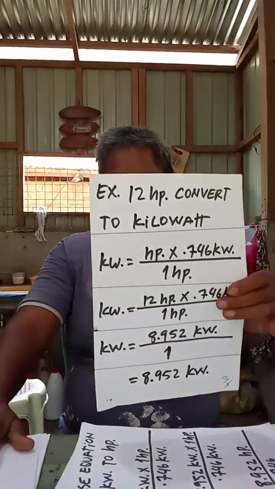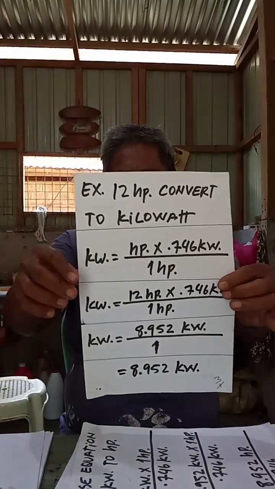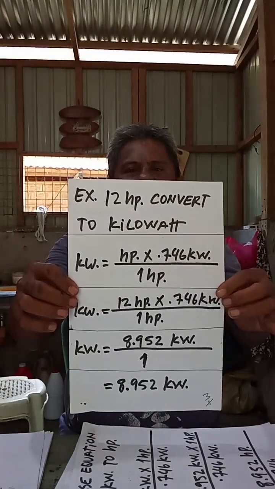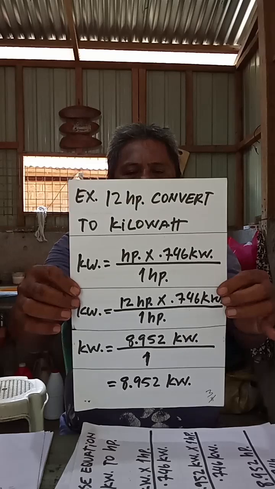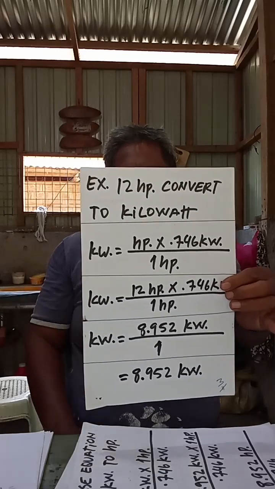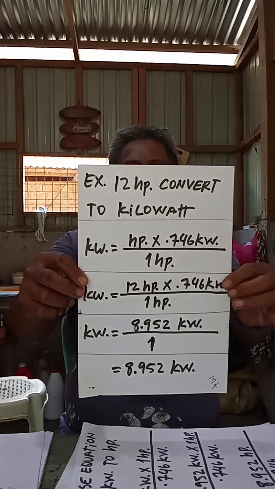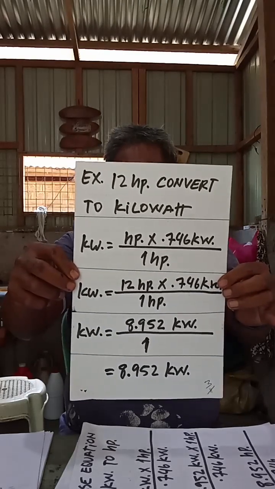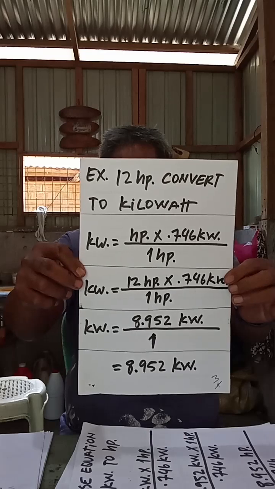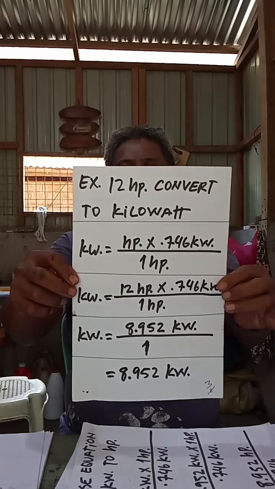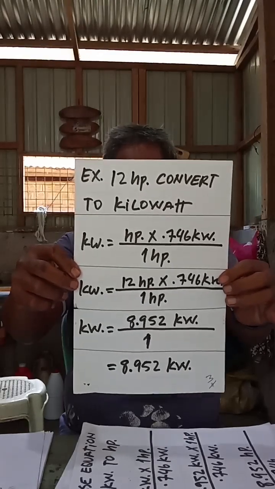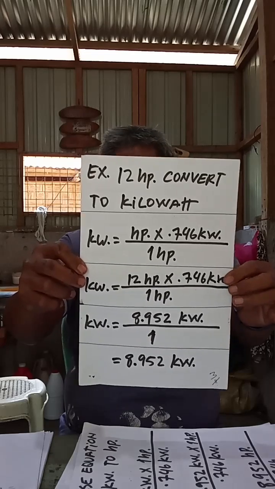So, exercises tayo. Example, 12 horsepower convert to kilowatt. So, to find kilowatt is horsepower times 0.746 kilowatt over 1 horsepower.